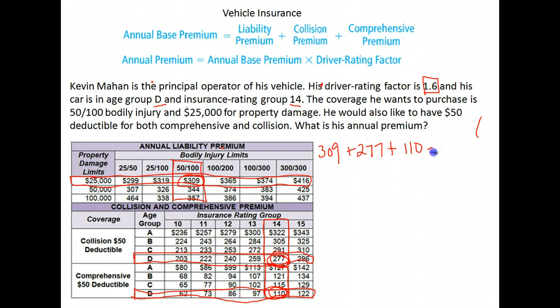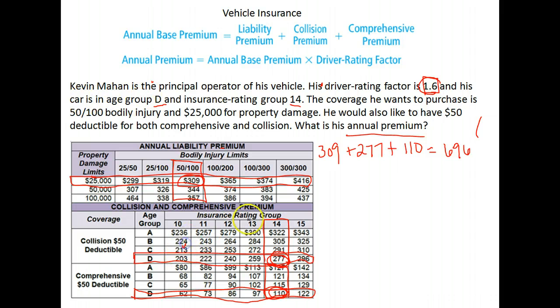If we add those together, that's his base premium. That's before his driver rating is added into the equation. So we add 309 plus 277 plus 110, and when we do, we get $696. So his base premium is $696. Notice here they ask for the annual premium, so we need to find the annual premium.